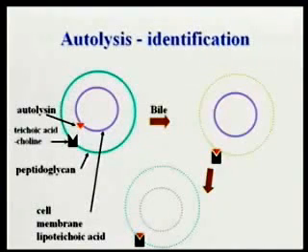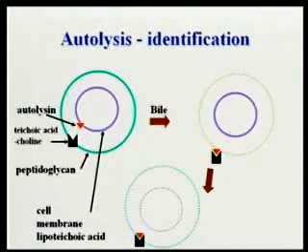All right. My representation of what's going on is as follows. Lipoteichoic acids, as you know already, are found in cell membranes. Teichoic acids, on the other hand, are covalently bound to cell walls. This is a particular teichoic acid that has choline as a component. In a normal situation, we would assume the autolysin would be bound within the cell membrane and could not get at the cell wall.